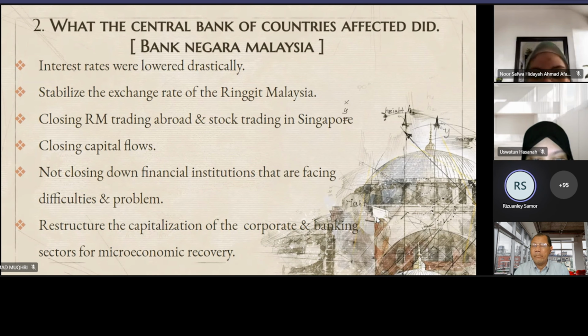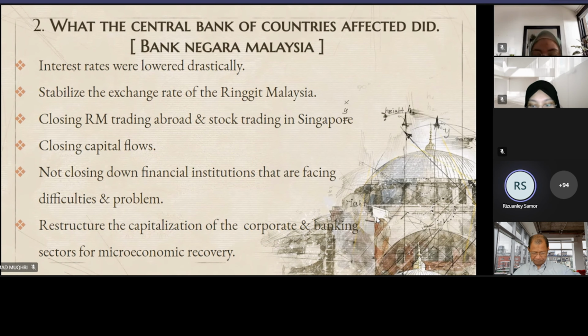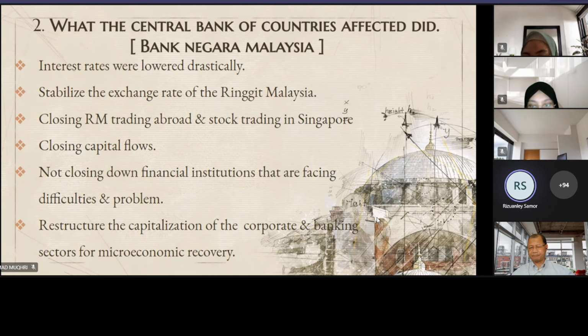After Indonesia agreed to accept the recovery plan from the IMF, the IMF did research on the Indonesian economy, and finally proposed that Indonesia should close down 36 banks. But after that, Indonesia negotiated with the IMF, and then finally only 16 banks were closed down in Indonesia during this crisis. I think that's all for me, and I will pass to my friend to continue his presentation. Thank you.